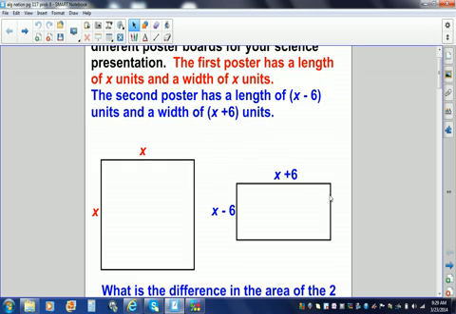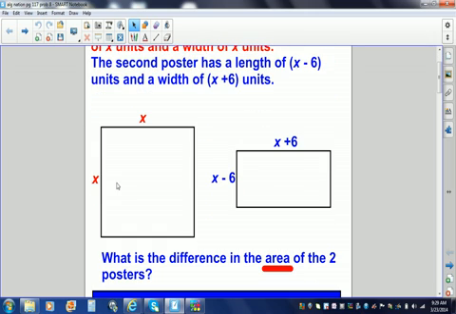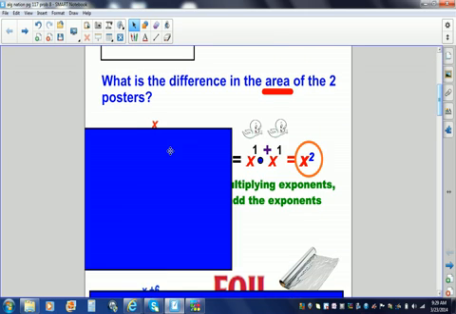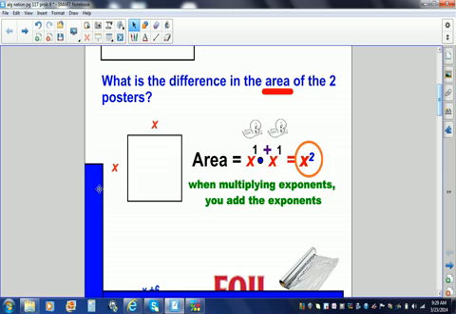You have a picture on problem number 8. We have a square and a rectangle. The question in the Algebra Nation workbook is a little different, so I'm just going to go by this question. What is the difference in the area of the two posters? So what am I going to do? I am going to find the area for this poster, which is a square.